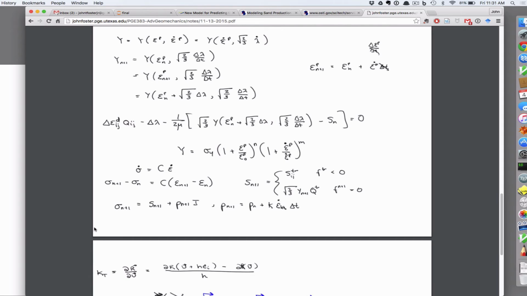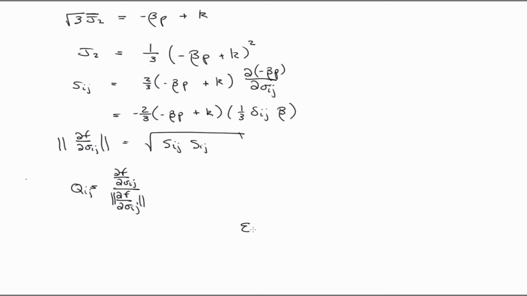Because epsilon p n+1 is epsilon p n plus 2/3 delta lambda. Right? And then y is a function of n+1.